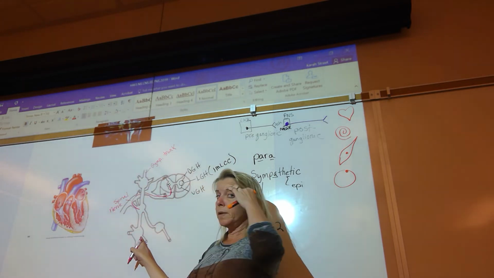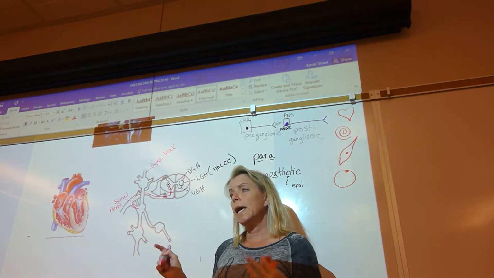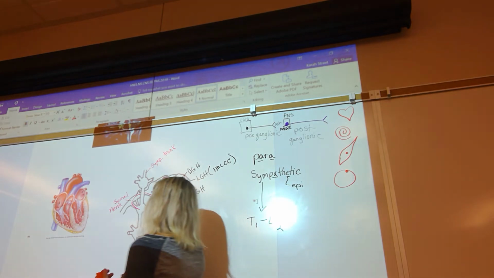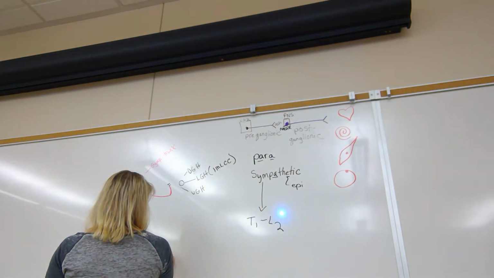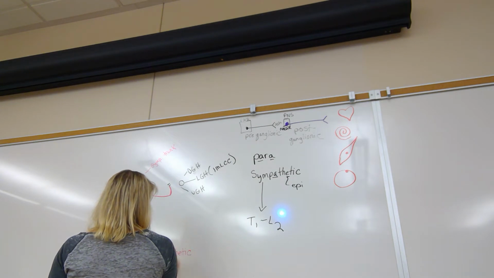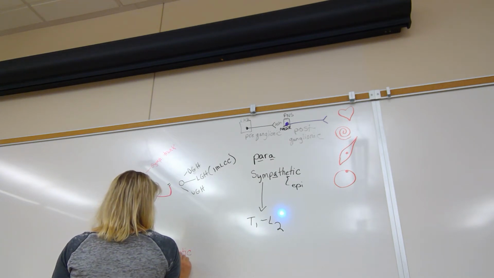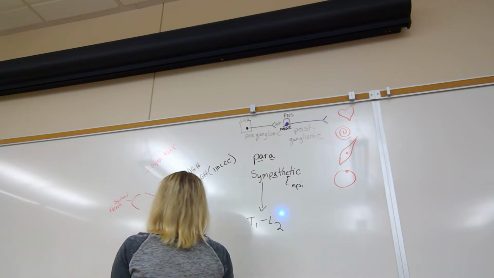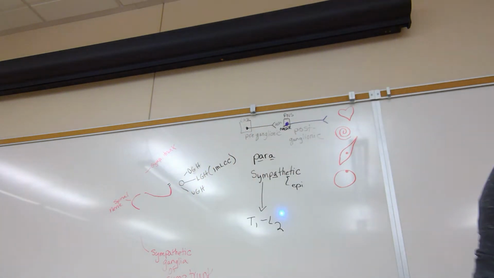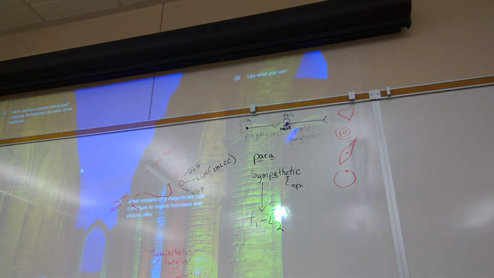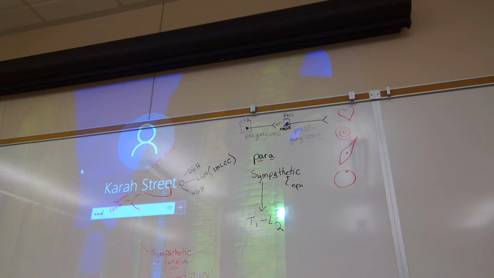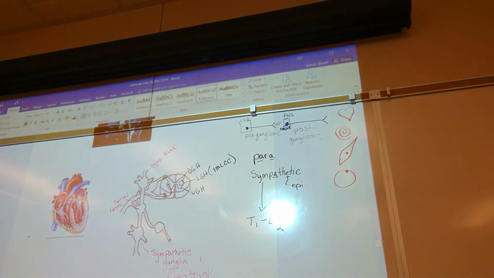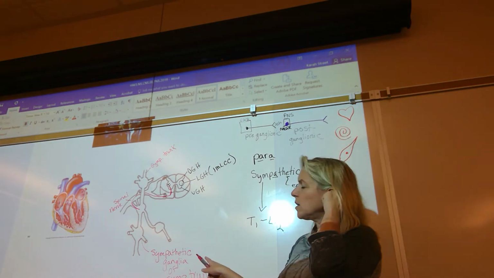And these bulbous looking things are the sympathetic ganglia of the sympathetic trunk. That takes a long time to say.